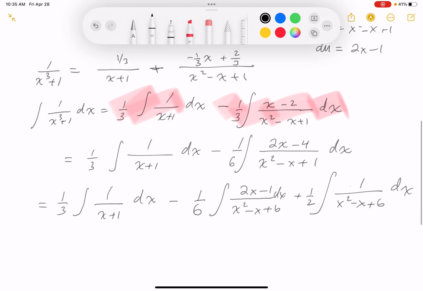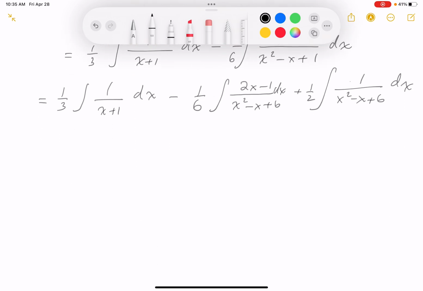Okay, I'm getting closer, and I think I can pretty much determine that this is going to be simple, and this is going to be simple, but I'm still looking at that third one and wondering what to do. And to me, it looks like it's going to be something to do with arctangent. All right, let me keep going. And I'm going to start doing some integrations now.